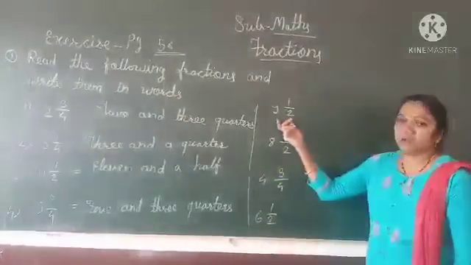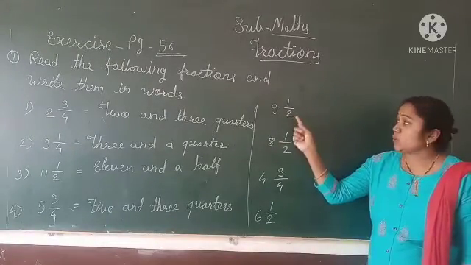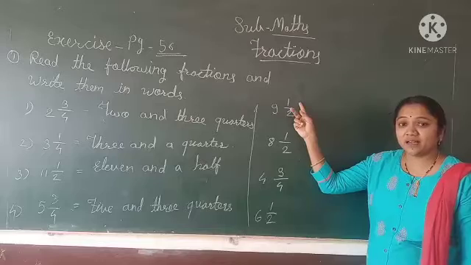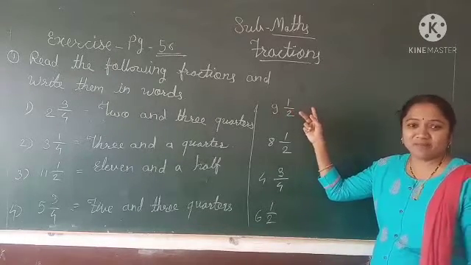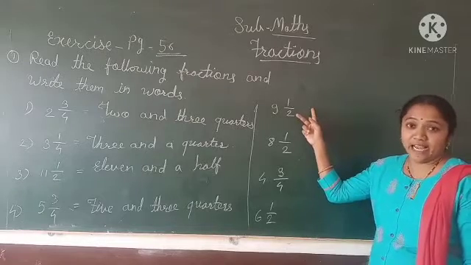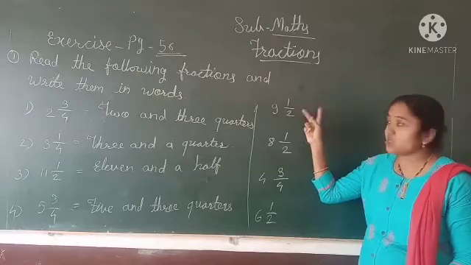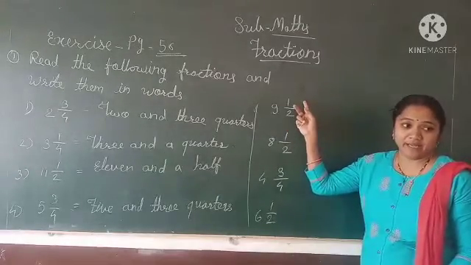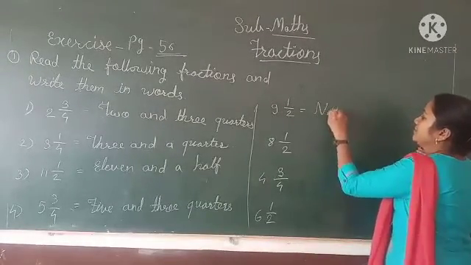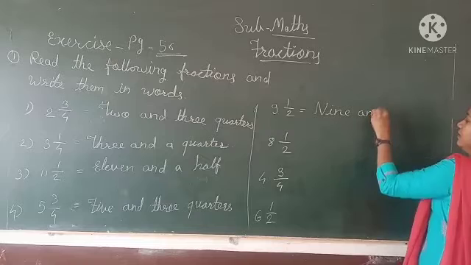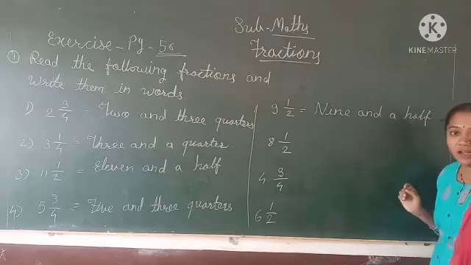See. 2 पार्ट में से 1 पार्ट means half. एक कैडबरी आप दोनों भाई को खानी है तो आप कैसे डिवाइड करेंगे? हाफ में डिवाइड करेंगे ना. तो 2 पार्ट बनाएंगे उसके और 1 पार्ट आप लेंगे. दैट इज अ हाफ. सो 9 and a half.